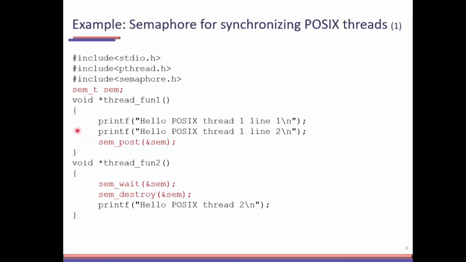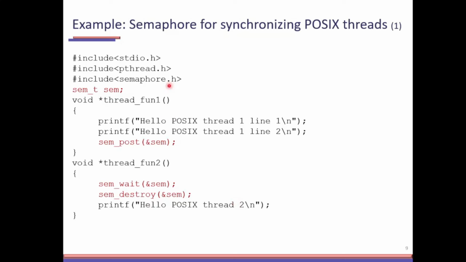Thread 1 is displaying hello POSIX thread 1 line 1, hello POSIX thread 1 line 2, and the operation happening in thread 2 is hello POSIX thread 2. These are just lines being printed. However, we want these first two lines to be printed and then this one.